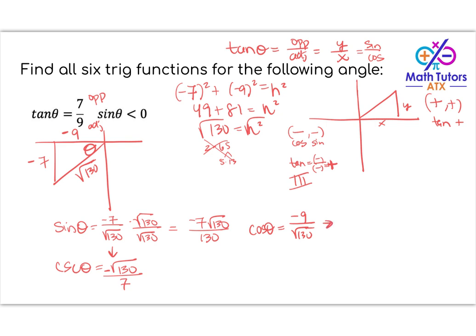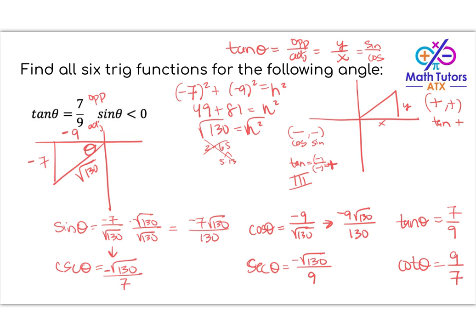And again, when I rationalize that, negative 9 radical 130 over 130. For the secant, go ahead and just do the reciprocal of the one above. So radical 130 over negative 9. And we already know the tangent because that was given. That's the easy one. And therefore, cotangent's pretty easy too, because we just do the reciprocal of the tangent.